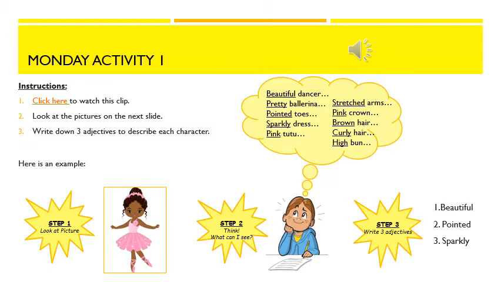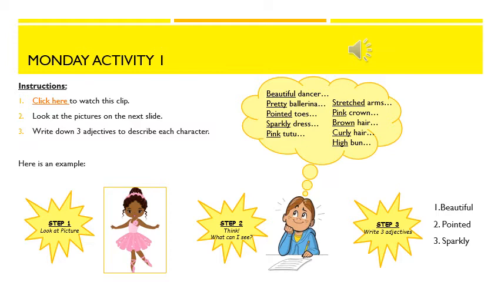First, you're going to look at the picture, and you'll notice that on this screen you can see a picture of a ballerina. The next thing is to start thinking, what can I see? And you'll notice there is a picture of a girl right now thinking about all of the things she can see when she looks at the picture of the ballerina.